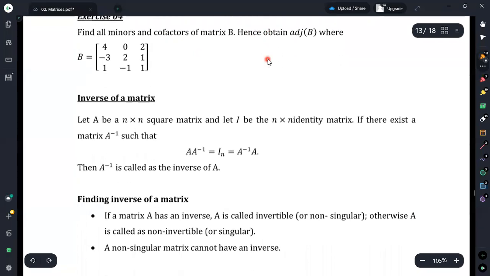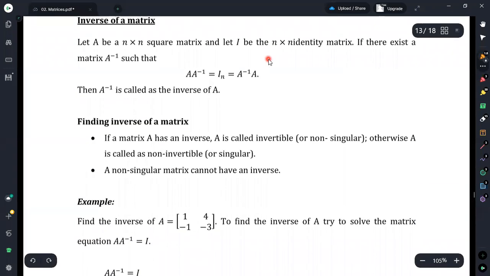And now we will move to obtaining the inverse of a matrix. When we are considering the inverse of a matrix, we are obtaining the inverse only for square matrices. We are not going to identify the inverse for a rectangular array of numbers.